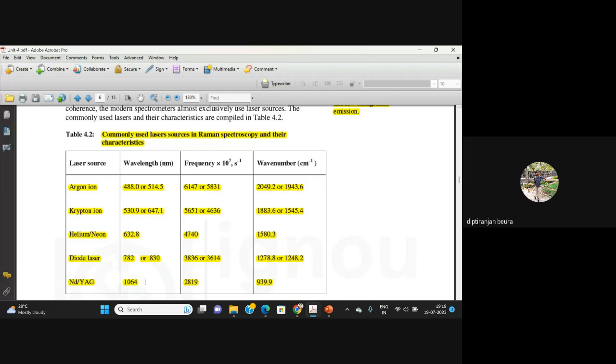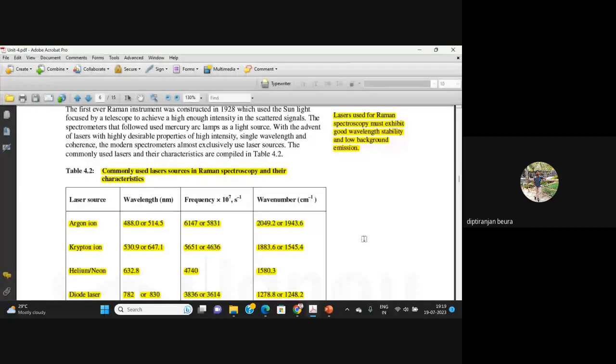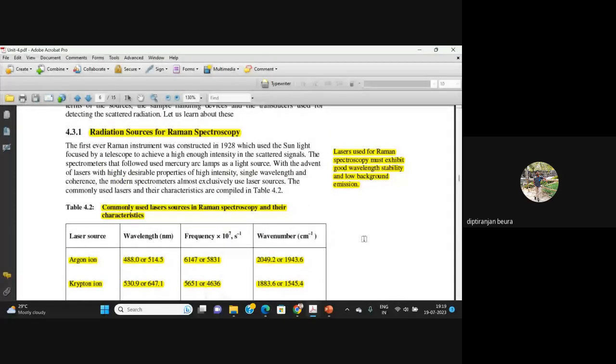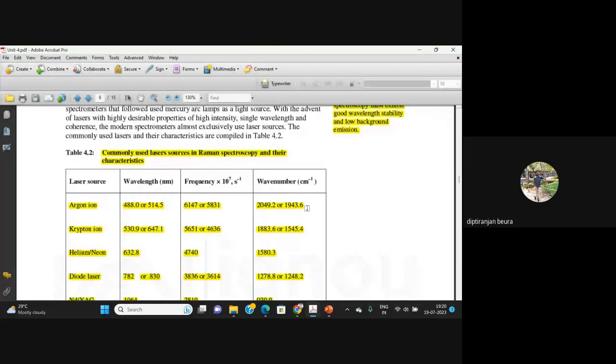Up to visible it is 400 to 800, and near to 1000 it is the near IR region. So basically, when you are dealing with sunlight in these spectroscopic techniques, it consists of all electromagnetic radiations.